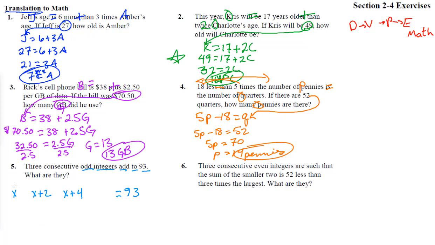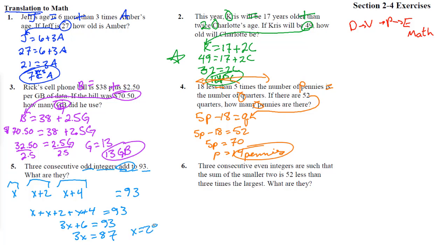So here are the three numbers, 1, 2, 3. It says they add to 93. So it's x plus x plus 2 plus x plus 4 equals 93. And we have an equation. We know how to do this. 3x plus 6 equals 93. Subtract 6, we get 3x equals 87. x equals 29.